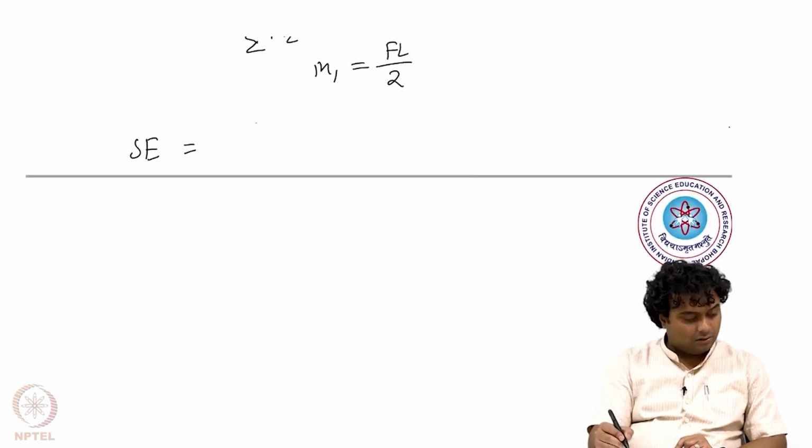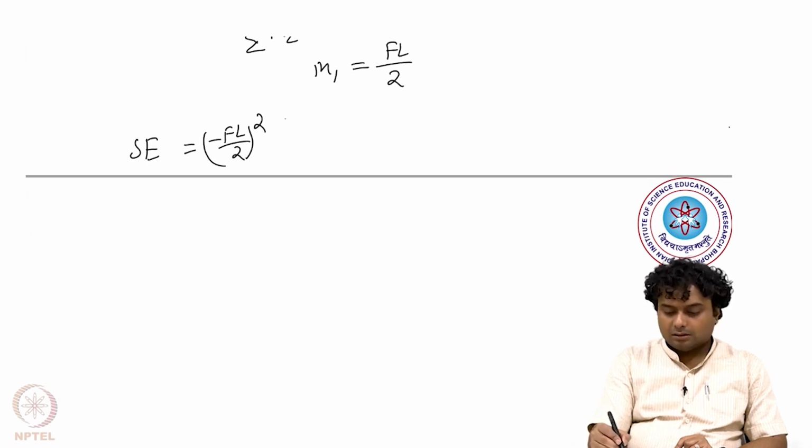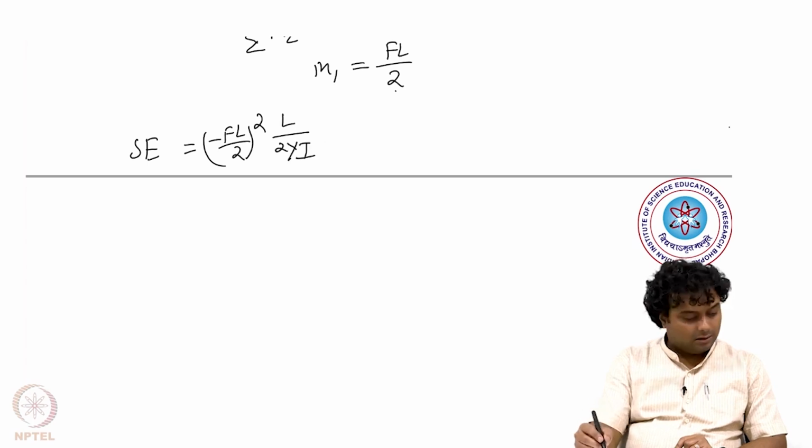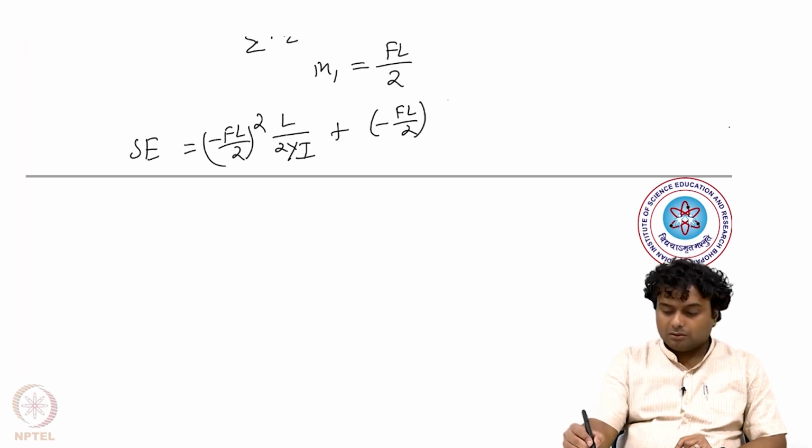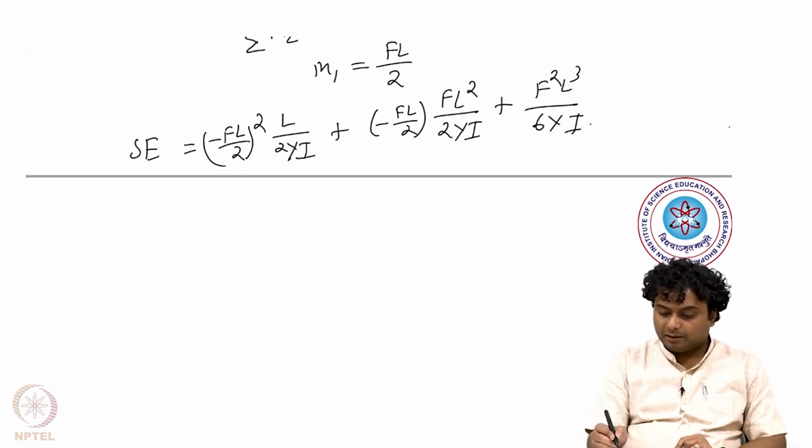So strain energy is equal to minus of (FL by 2) whole square into L by 2EI, plus minus FL by 2 into F L square divided by 2EI, plus F square L cube divided by 6EI.